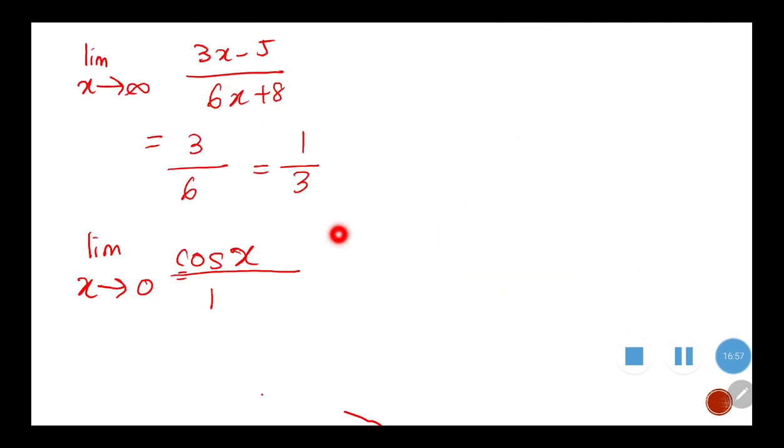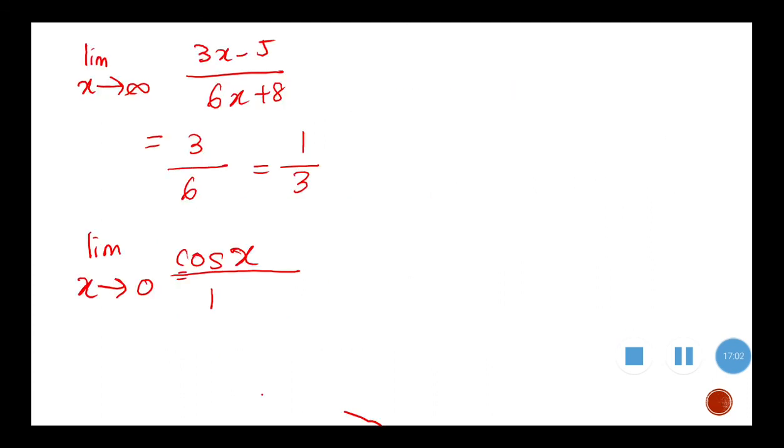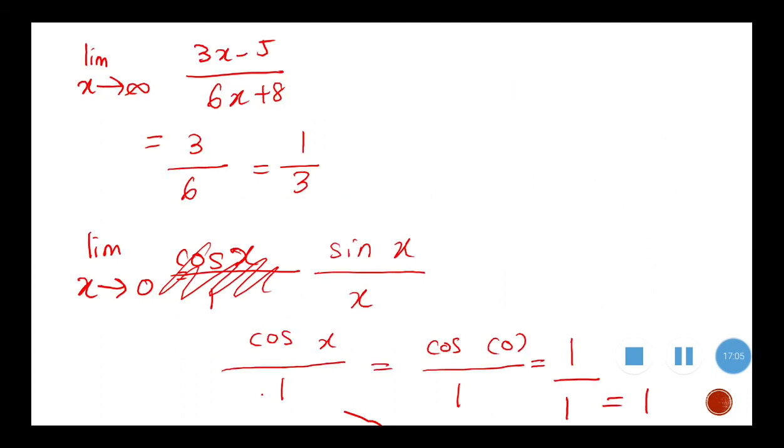And again. Okay, the question here is sin x over x, and then you differentiate it, you will get cos x, and you differentiate x, you get 1, and then put in the value of x here, which is cos 0 over 1. Cos 0 is 1, over 1, and the final answer is 1.